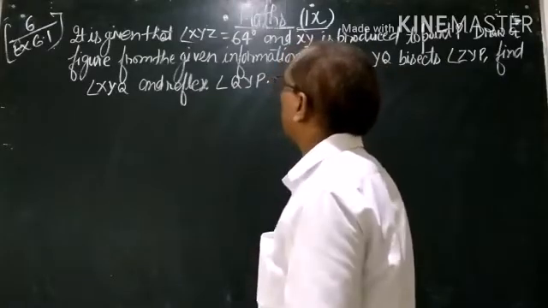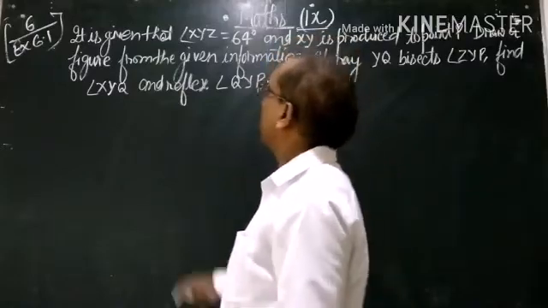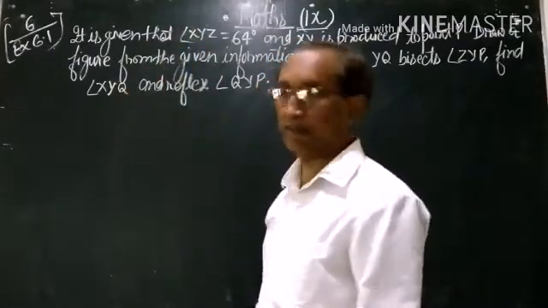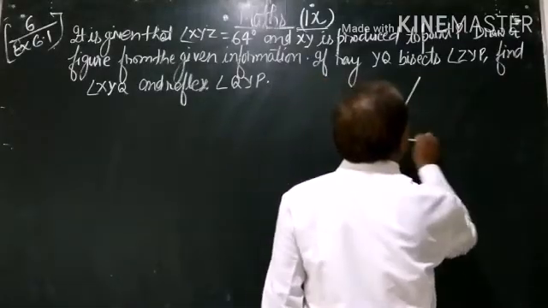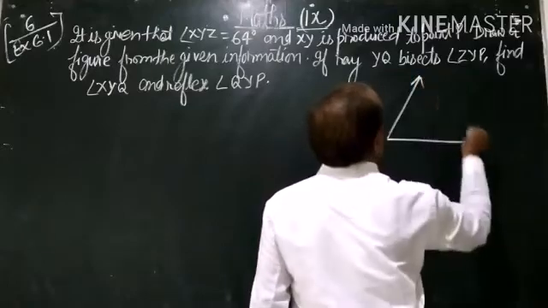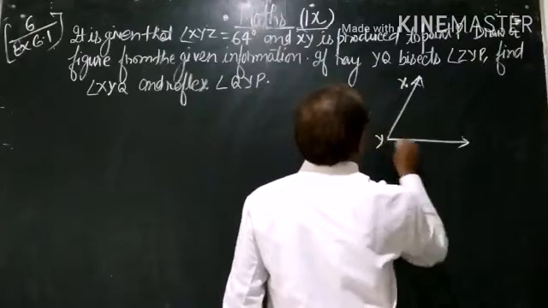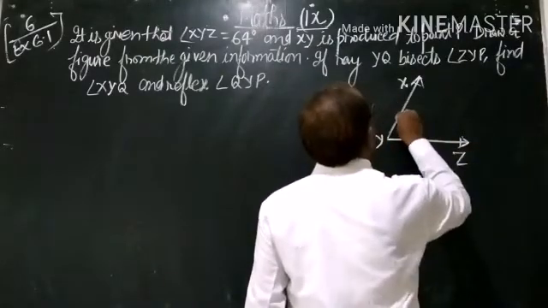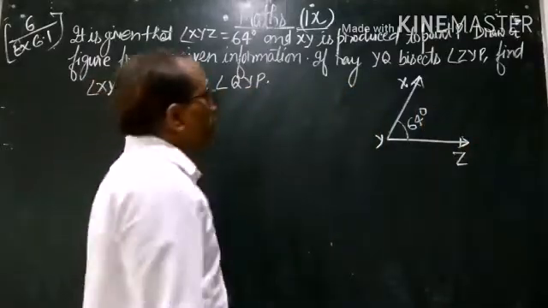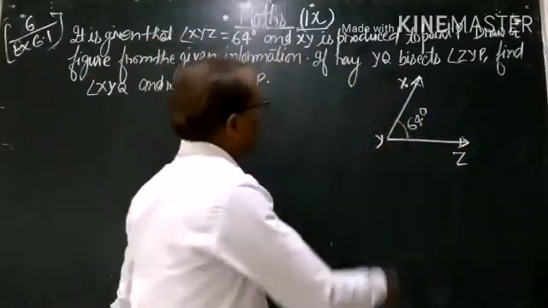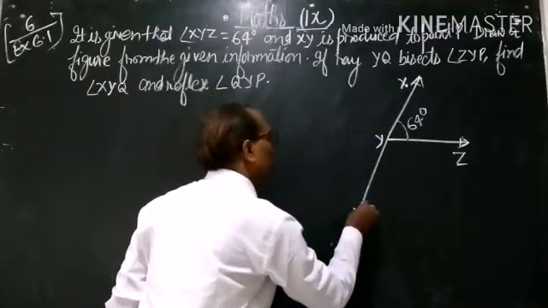First of all, you draw 64 degree angle XYZ. Angle X, Y, Z. This is 64 degree. XY is produced to point P. This is produced to point P.